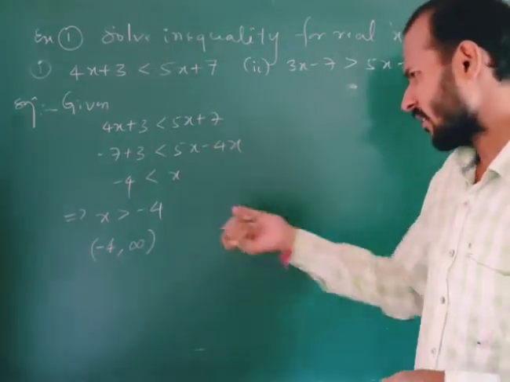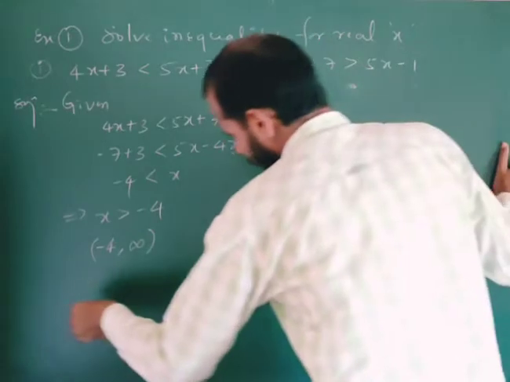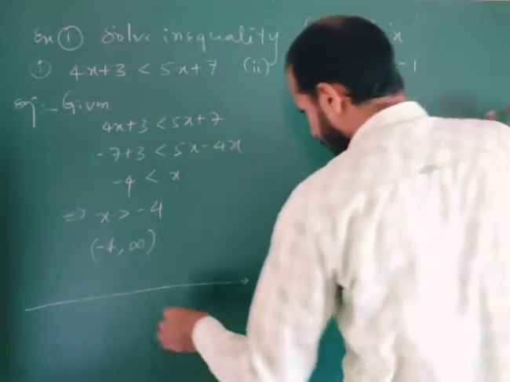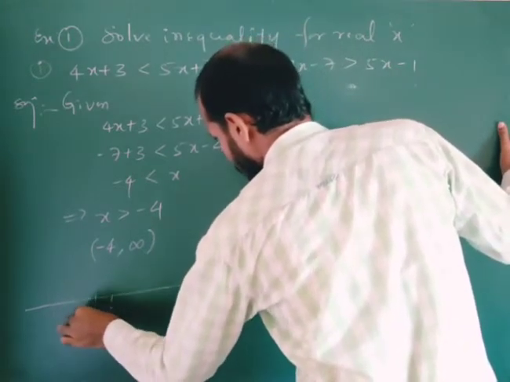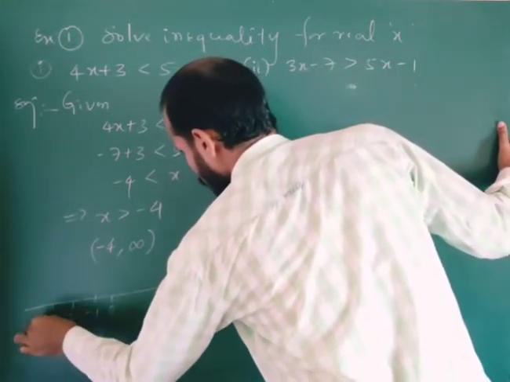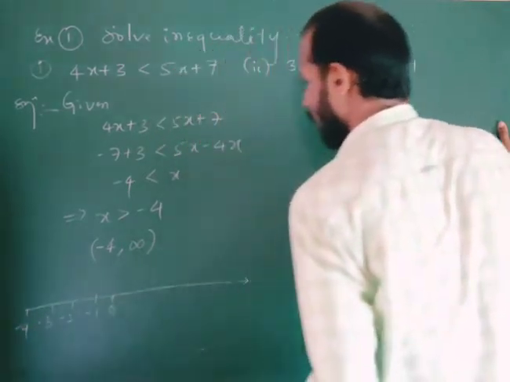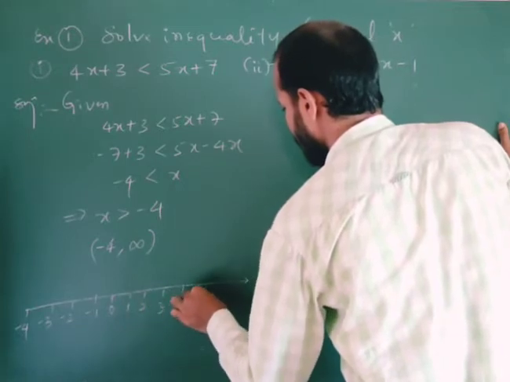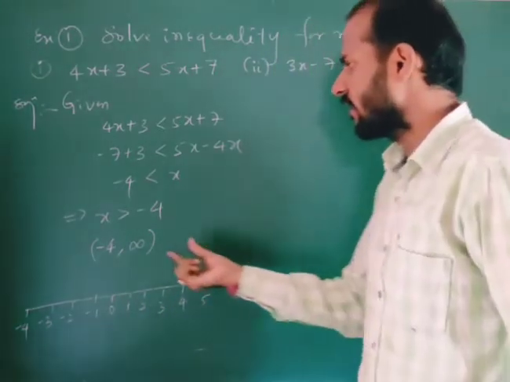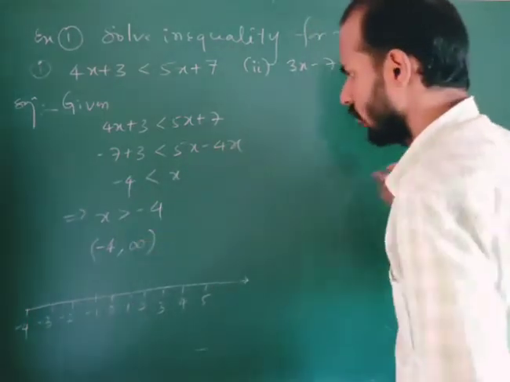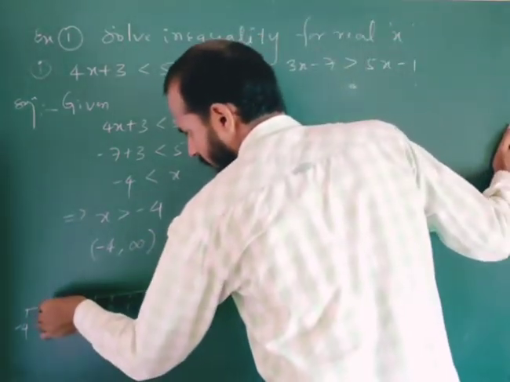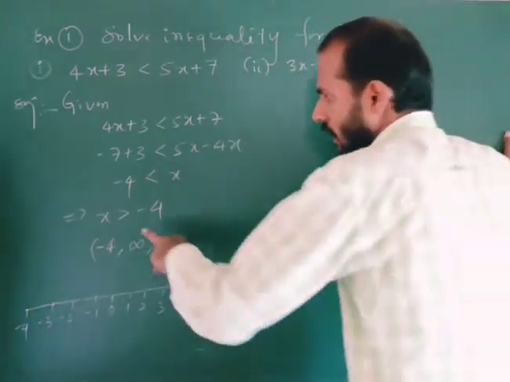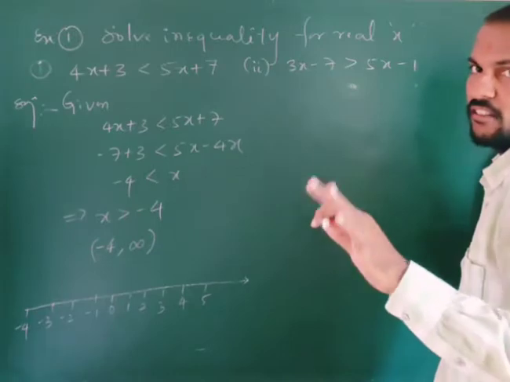So graphically how do we write this, let's see. It's a real line, right? I will write here, center point is 0, then minus 1, minus 2, minus 3, and minus 4, right? Now here it is plus 1, plus 2, plus 3, plus 4, plus 5 like this. Now x is greater than minus 4 means what we get? From minus 3 onwards we will consider the value, because x is greater than minus 4 but not equal to minus 4.